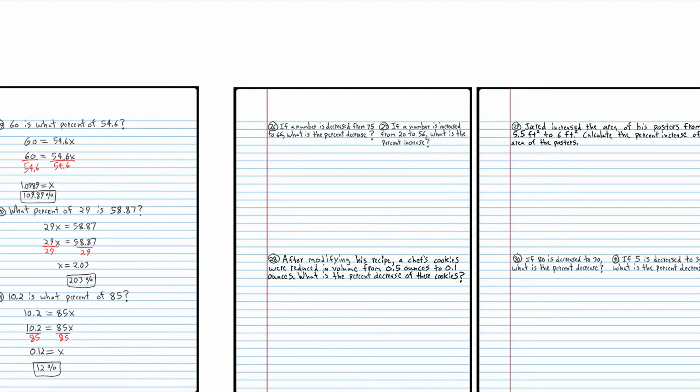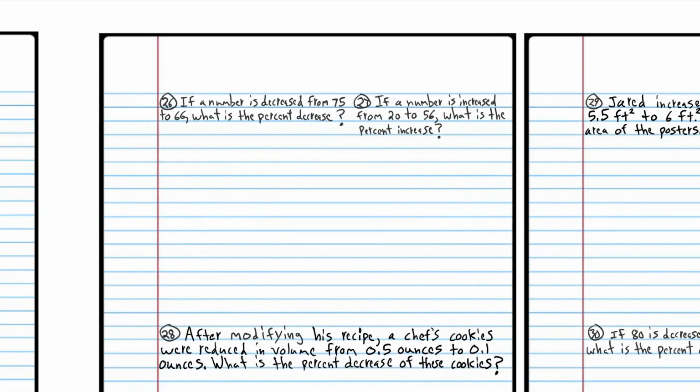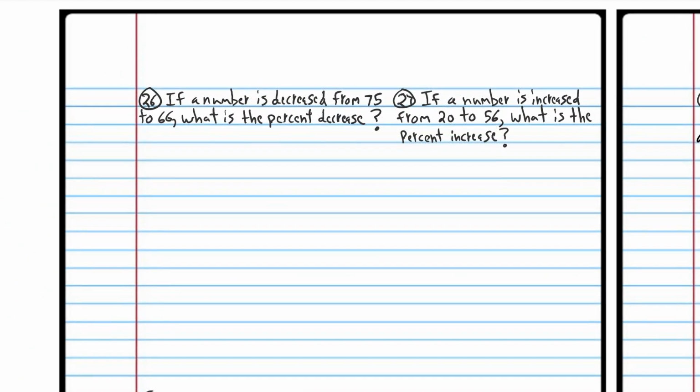So now we're going to apply this to algebra. If a number is decreased from 75 to 66, what is the percent decrease? So this is talking about percent decrease, that's percent change. So we have to write the formula that we're going to use, and it's decrease, so it's going to be minus. And now, just like we did the other problems, you're going to plug in what you know and solve for what you don't know.